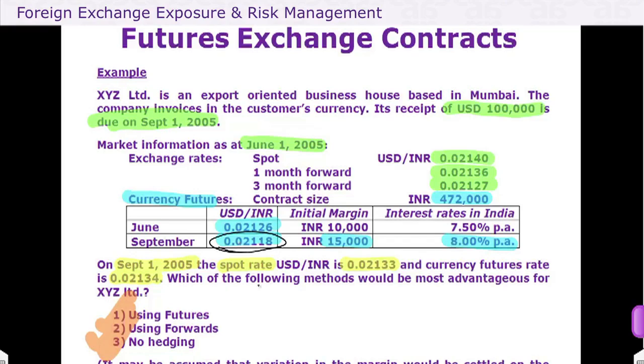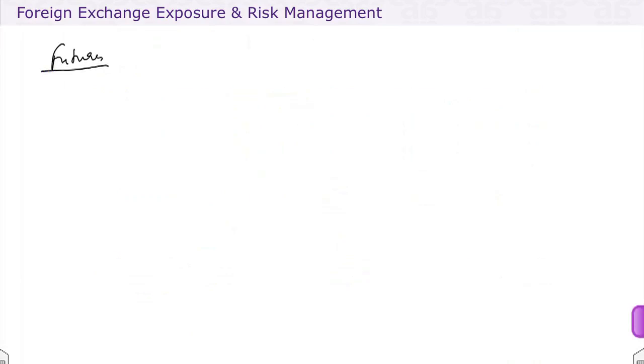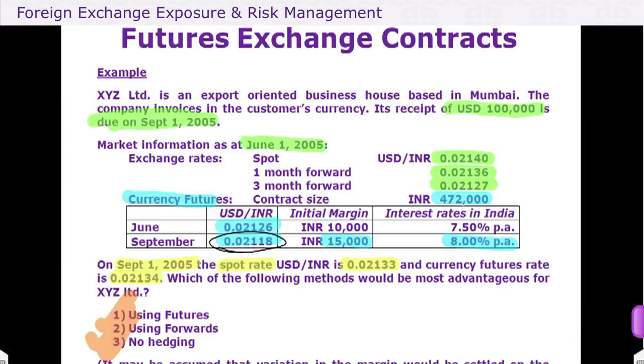What would happen in this case? As we have been saying, as a hedging process, whatever you're going to do in the future, you do it today in the derivatives market.